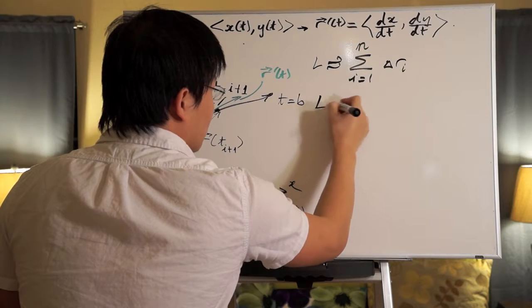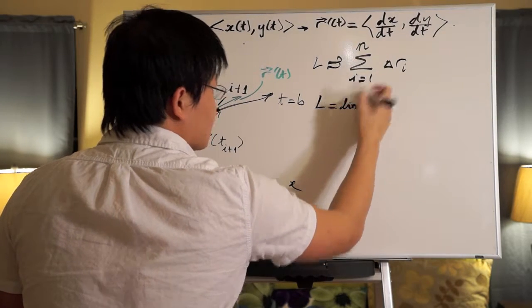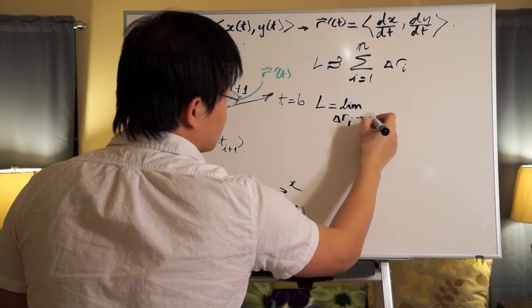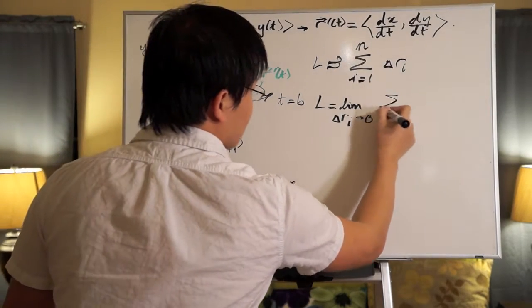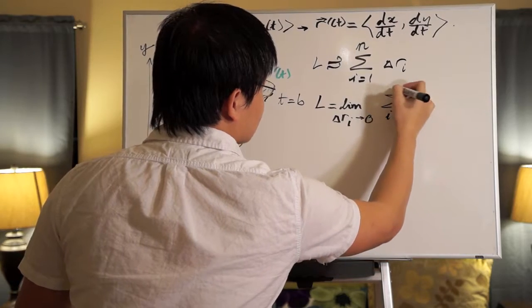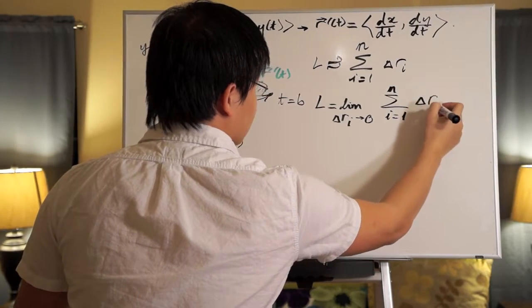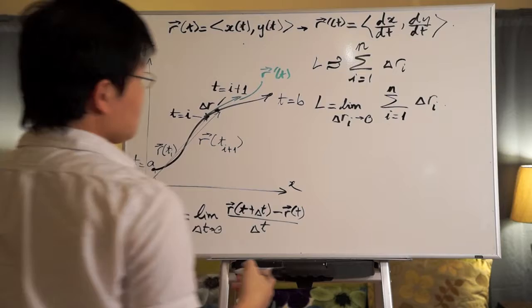So there you have it. The length will be equal to the limit as delta r sub i approaches 0 of the sum from i equals 1 to n of delta r sub i.